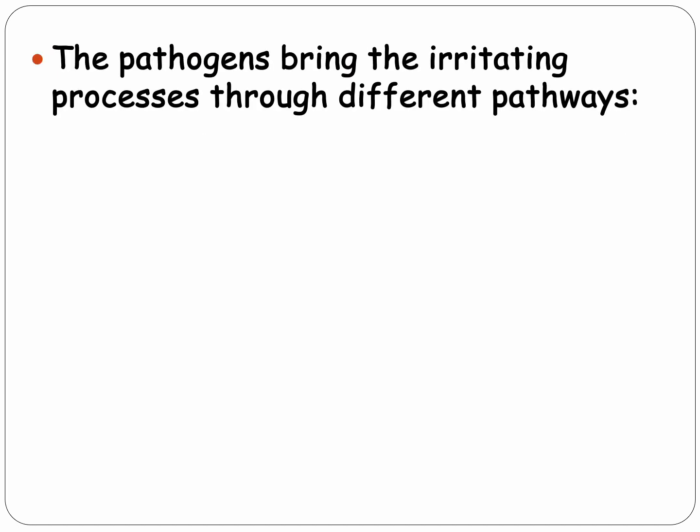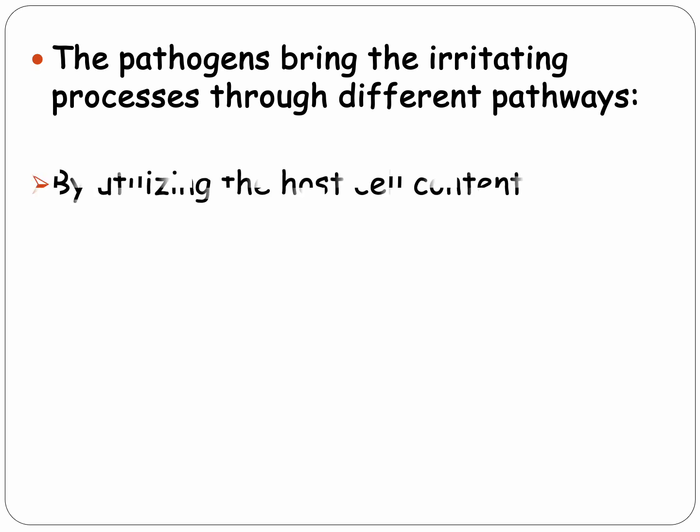Here one question may arise: how does a particular pathogen bring irritation to a particular host crop? There are a number of pathways. Number one is by utilizing the host cell content.